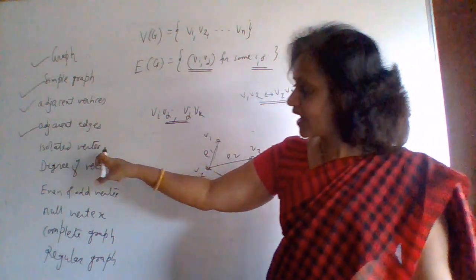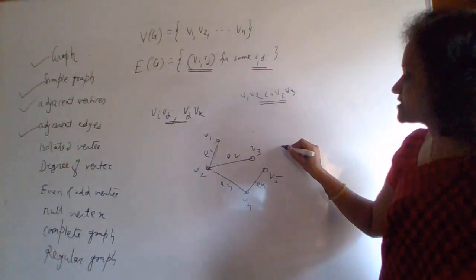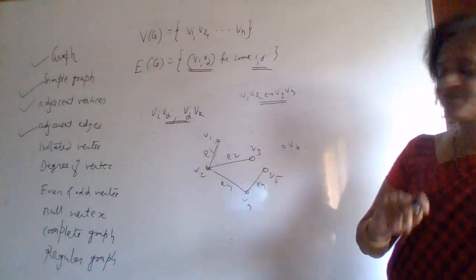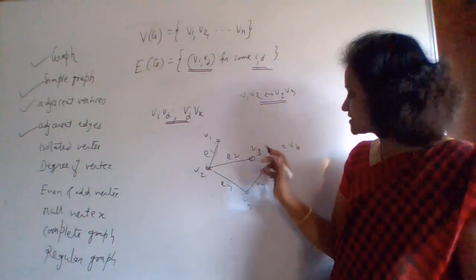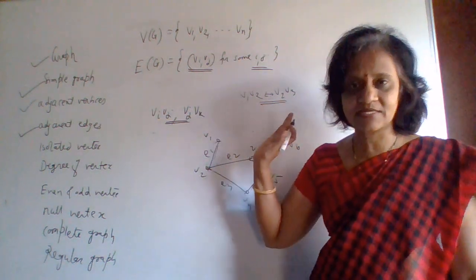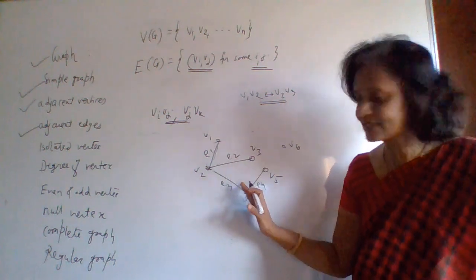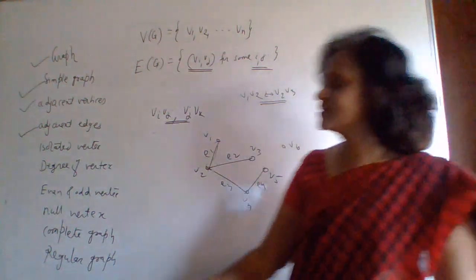Now next is isolated vertex. What is isolated vertex? Again in this graph, say I have vertex V6. You can see V6 is not adjacent to any of these vertices. V6 is not adjacent to any other vertices. Then we will call it as isolated vertex.